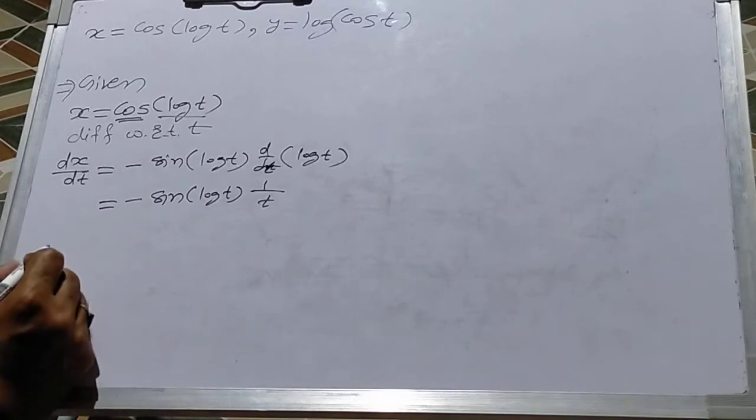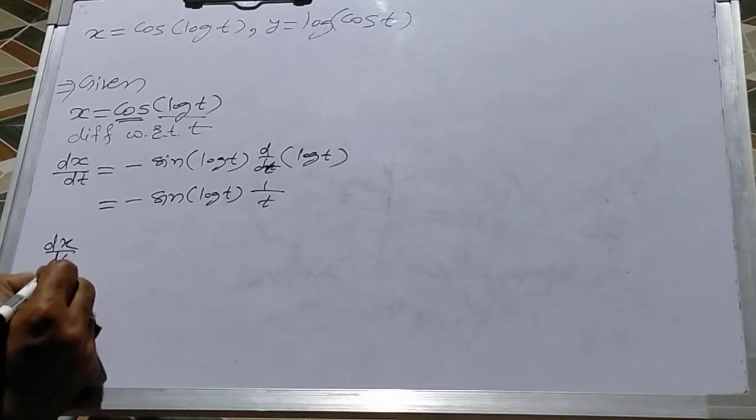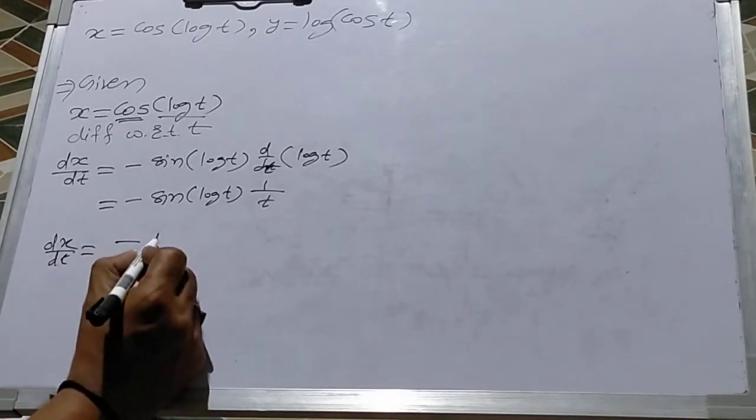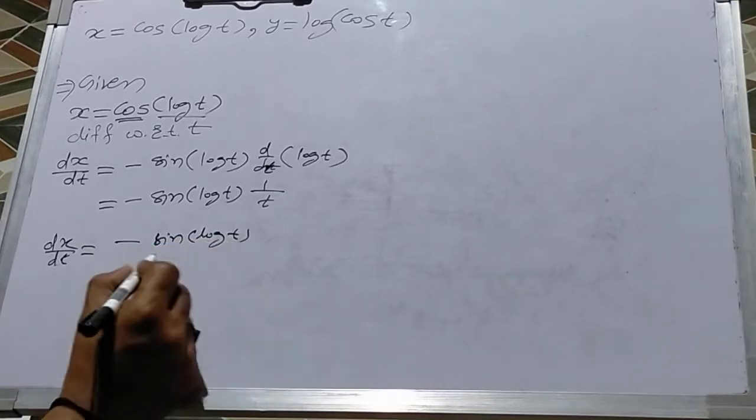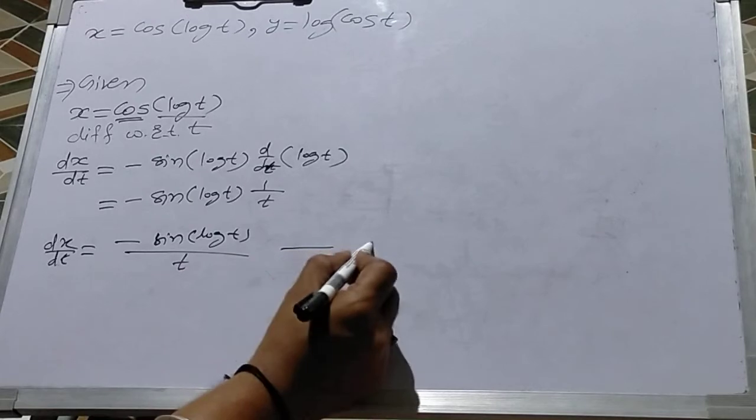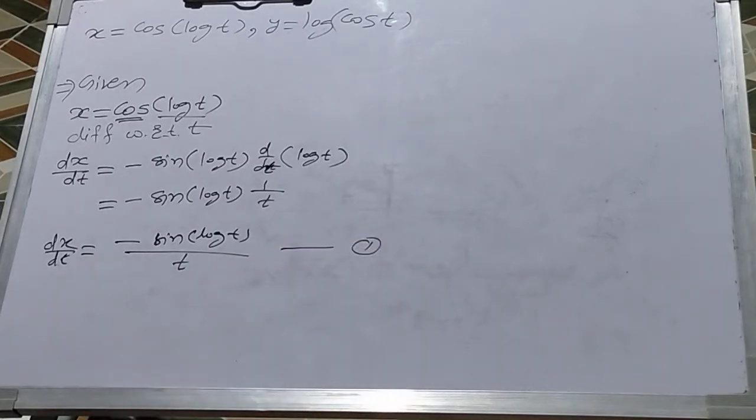So dx by dt is equal to minus sine log of t divided by t, call this 1.